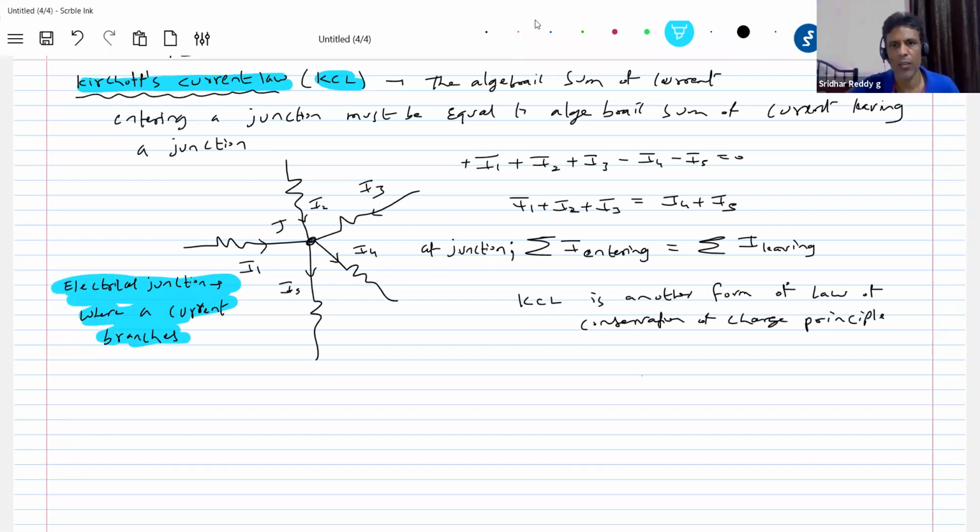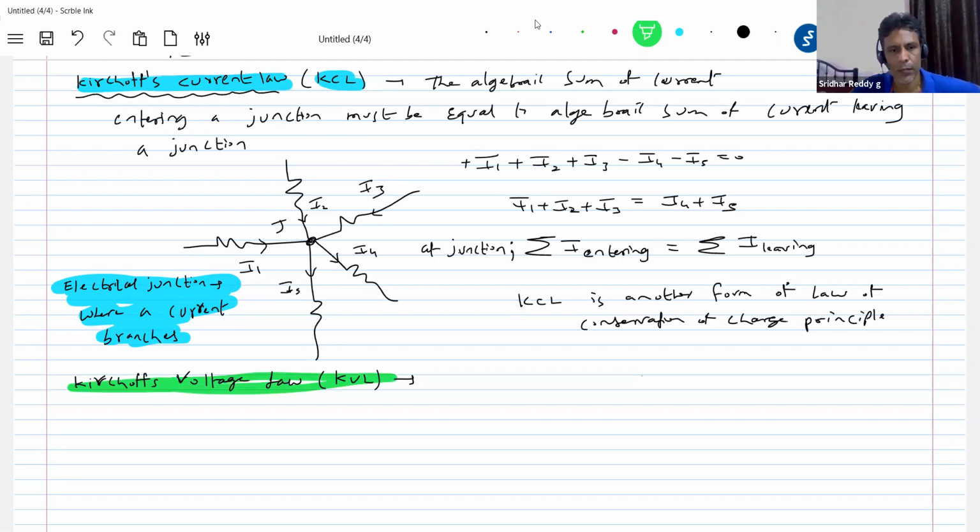Next we'll go for one more, Kirchhoff's Voltage Law. You can solve many numericals with the help of this, because I don't want to restrict you.